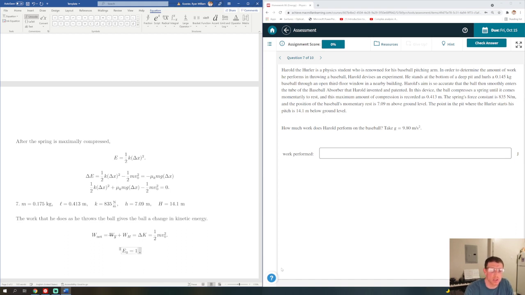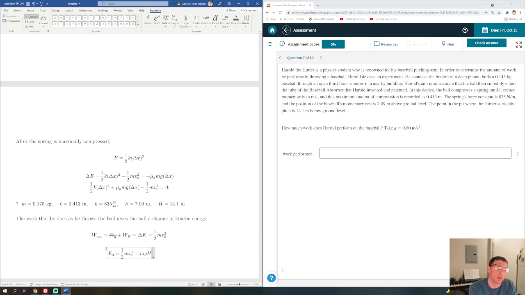So the ball's initial kinetic energy will just be 1/2 m v naught squared, right? Now, if I take my y equals 0 to be ground level, then the gravitational potential energy that the ball has at this point is negative mg big H, right?